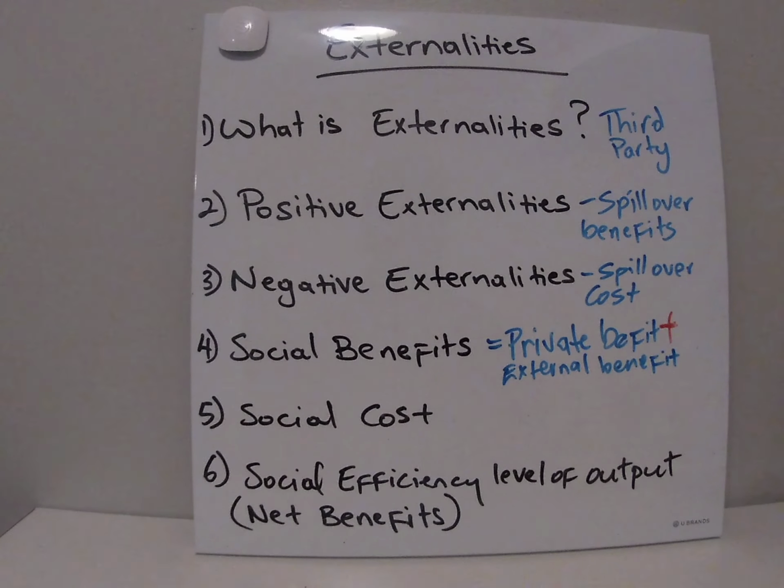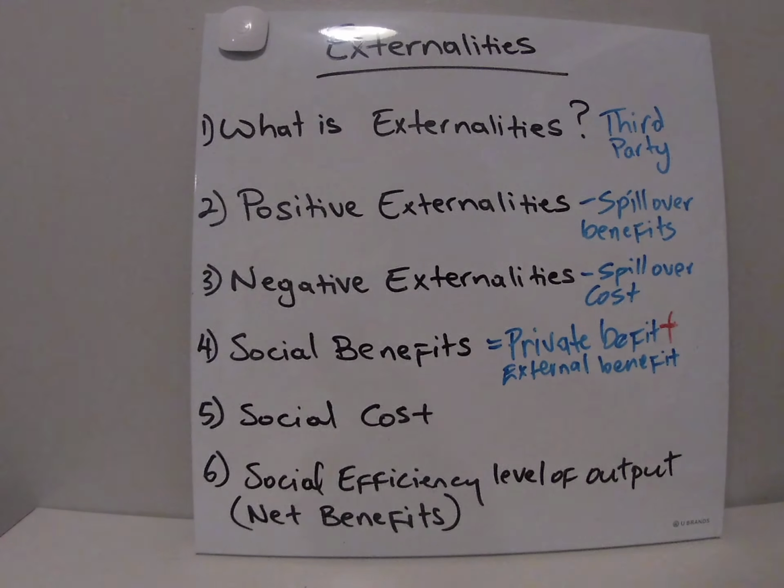Your neighbor is reaping a private benefit because they purchase a light, or they purchase a camera to protect their house. So they're getting a primary benefit, right? While you, as a third party now, get an external benefit. So it's private plus external benefits, and that equals the social benefit.